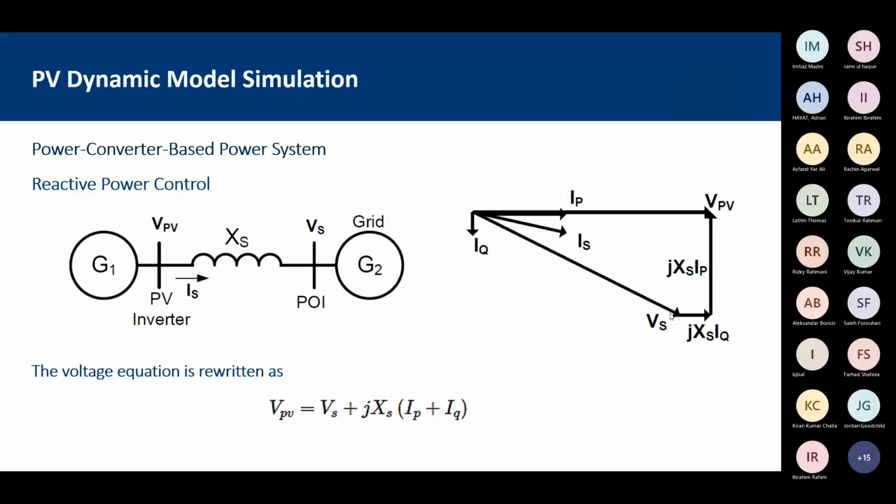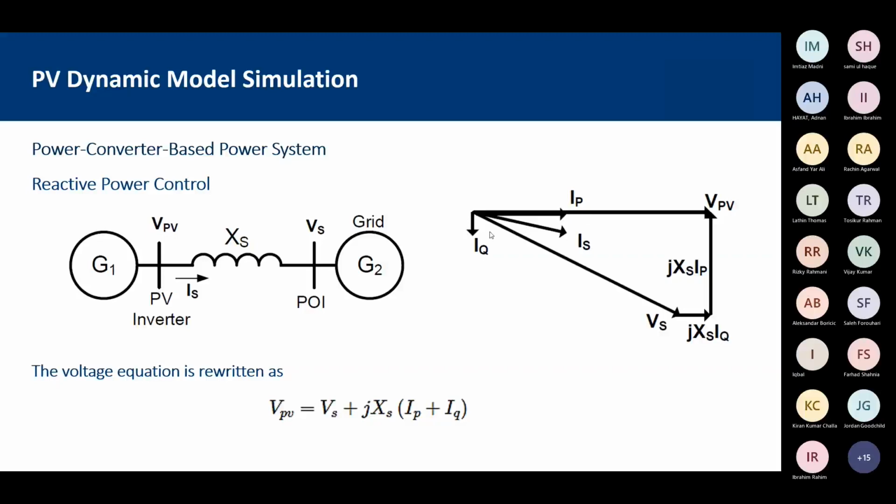Then the voltage equation is rewritten in the form of this real and reactive current. Real current in this case is proportional to real power generated, and reactive current is proportional to reactive power generated.